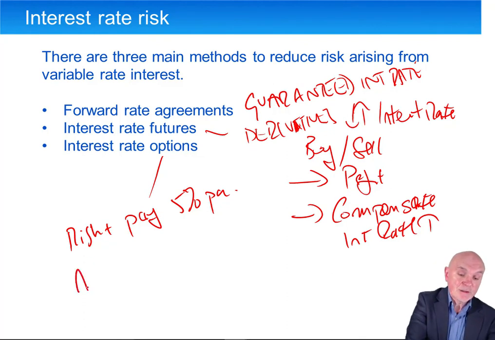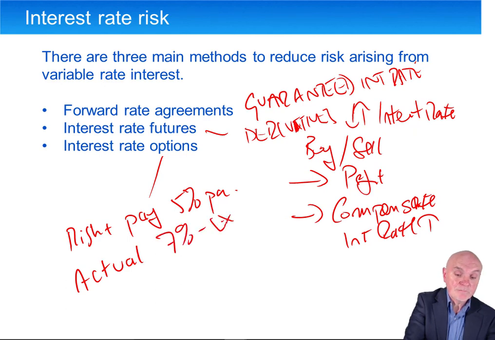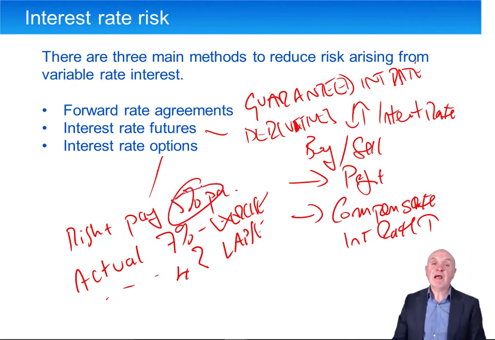And if the actual interest rate was say 7%, then you would exercise it. But if the actual interest rate was only 4%, then you'd let it lapse. Only a fool would insist on paying 5% if the actual interest rate were 4%.